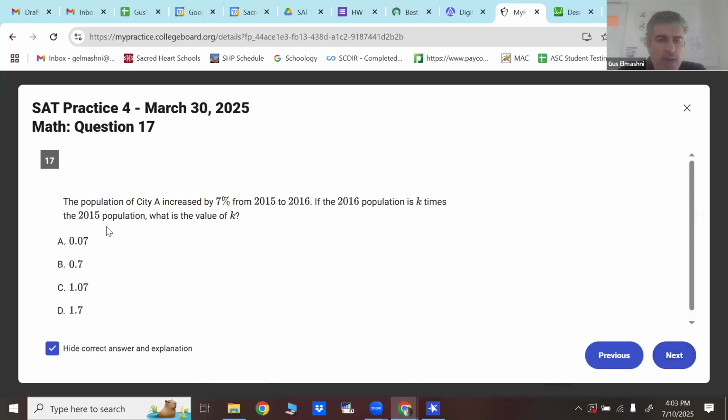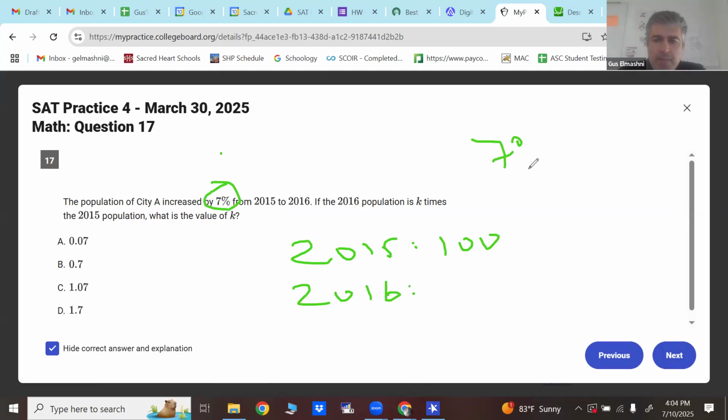This is a good way to use a strategy here. The population of A increased by 7% from 2015 to 2016. The 2016 population is K times the 2015 population. What is K? So let's say the 2015 population was 100 people. If you increase by 7% of 100, that's 7.